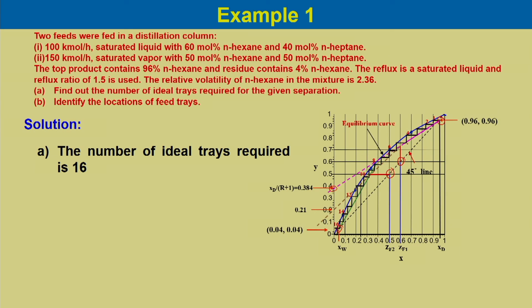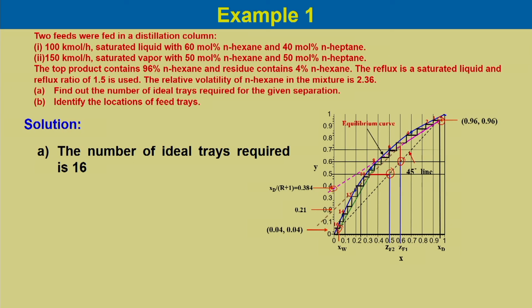We can plot the operating line in the top section, section 1. We can draw the feed line depending on the feed condition. Here feed 1 is saturated liquid, so a vertical line, feed 2 is saturated vapor, so a horizontal line, the q line for this section for feed 2.